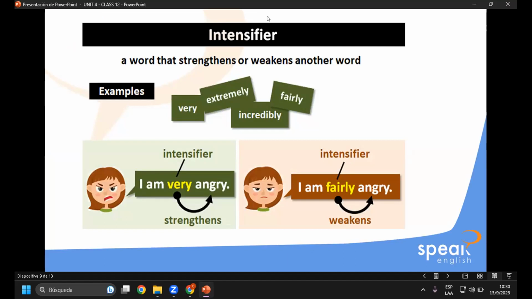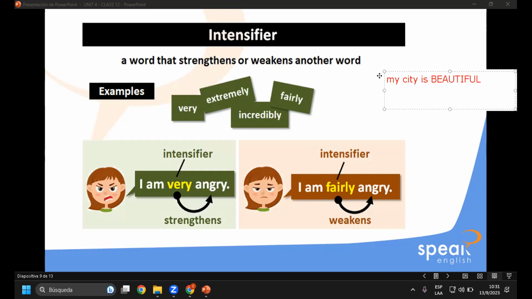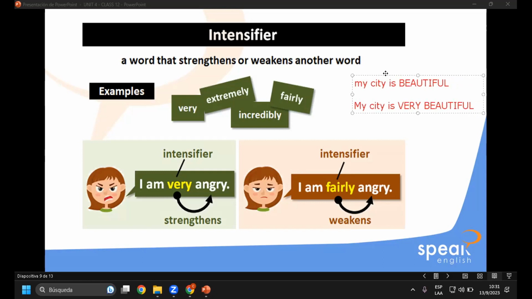For example, I can talk about my city and say, my city is beautiful. But I can add an intensifier and say my city is very beautiful.